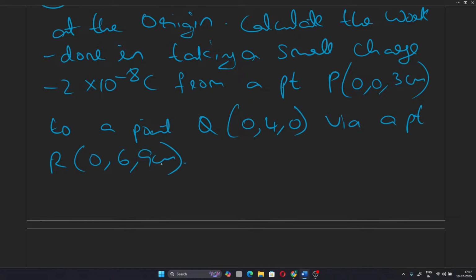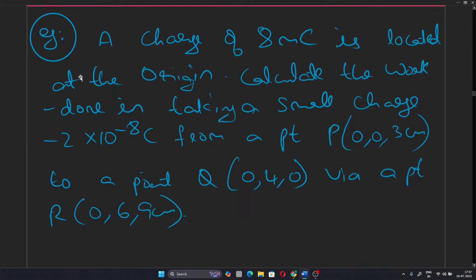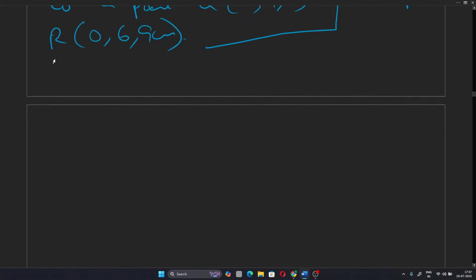They're asking, if a charge 8 millicoulomb is located at the origin, calculate the work done in taking a small charge -2 into 10 power -8 from a point P (0, 0, 3) to Q (0, 4, 0), from P to Q first, that is via a point (6, 9).